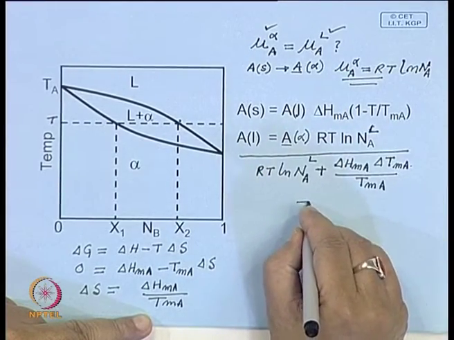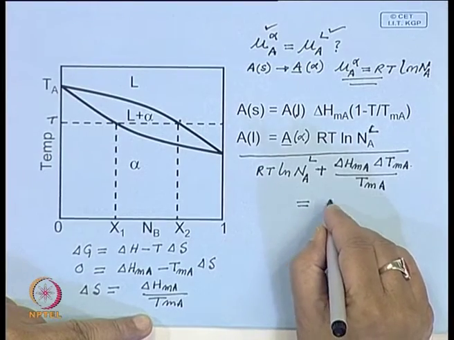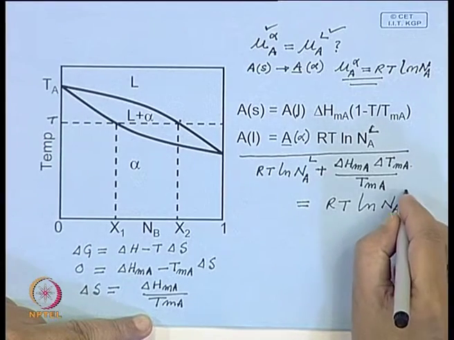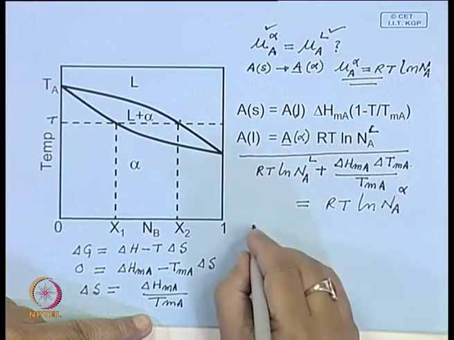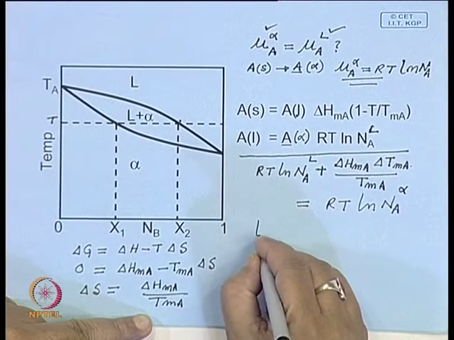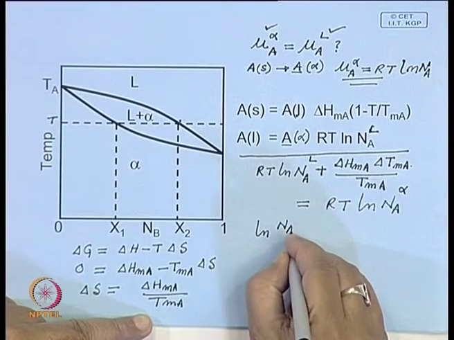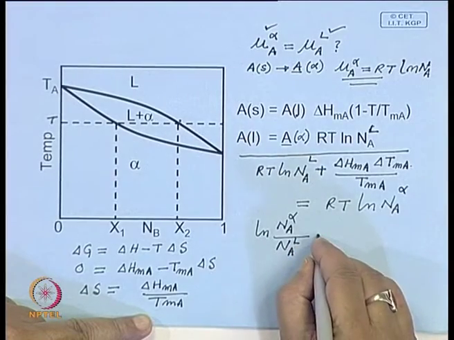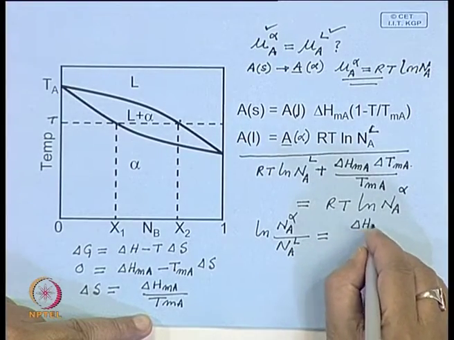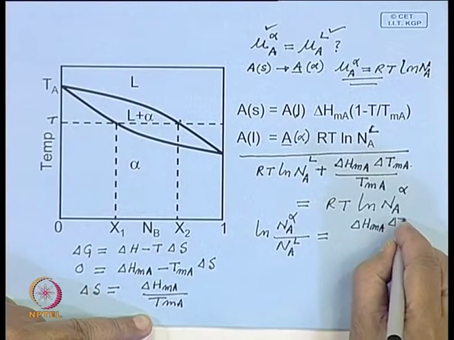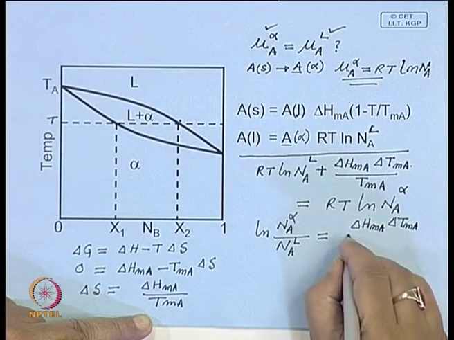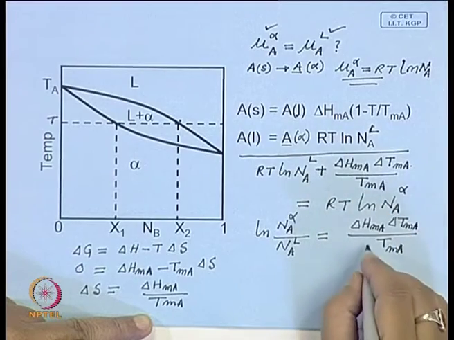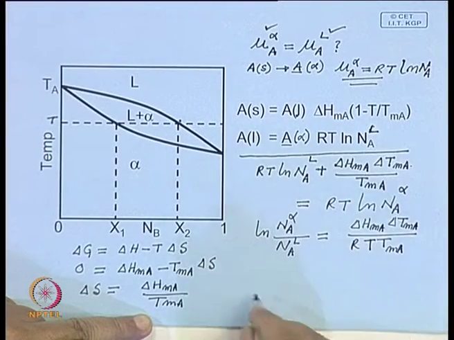So this is equal to RT ln N A alpha. Or if you simplify, you can say that N A in liquid over N A in alpha is equal to delta H m A delta T over T m A times R T, where T is the temperature.